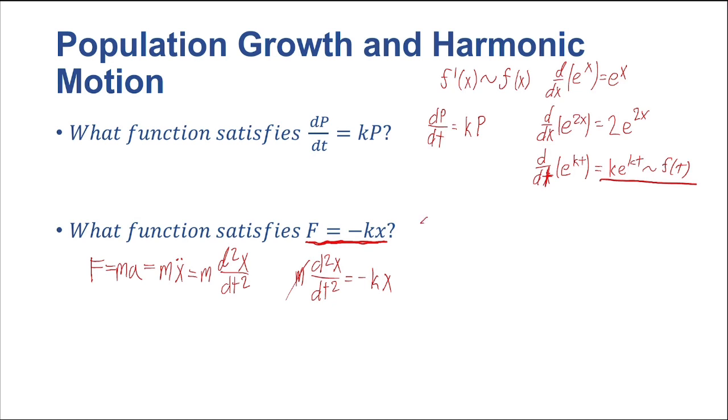Let's say we start off with sine of x, then we differentiate once and get cosine of x, then we differentiate again and get negative sine of x. Well, there we found one where we get the negative, but is it also going to be proportional?